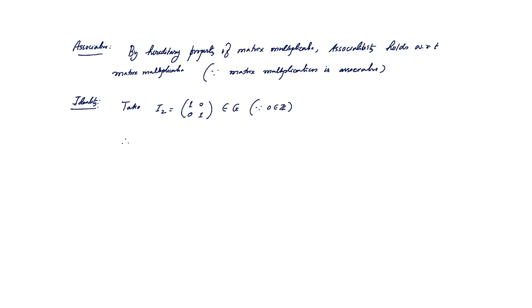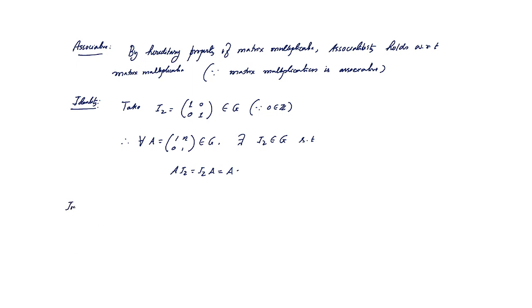So therefore for all A = [1, n; 0, 1] belonging to G, there exists the identity matrix belonging to G such that AI2 = I2A = A. So the existence of identity also holds.